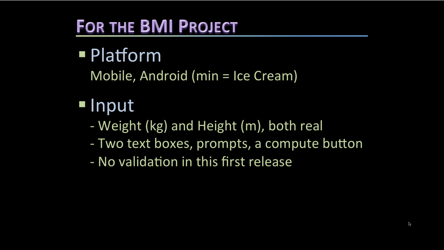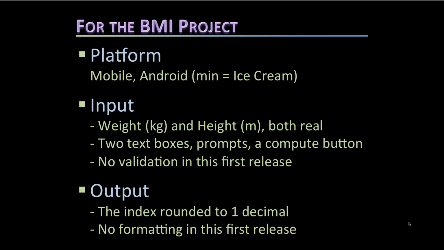Now, once the compute button is pushed, the output should appear. That is, the system must compute the BMI index and display it in an output box under the button.